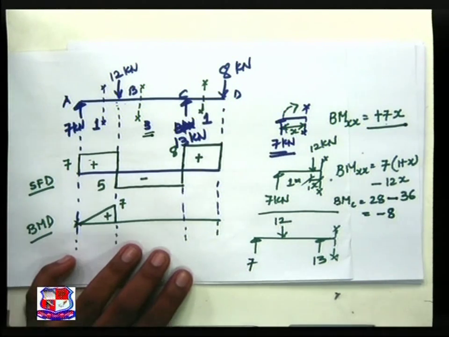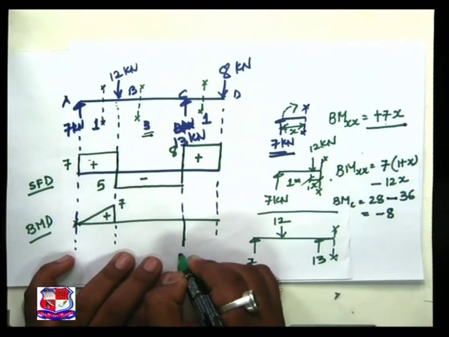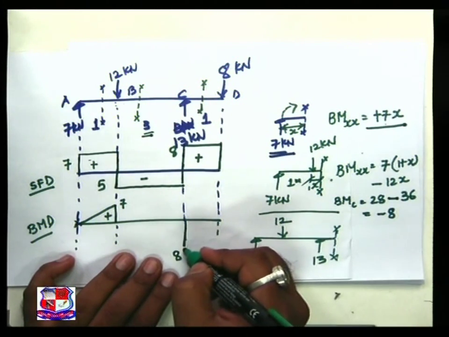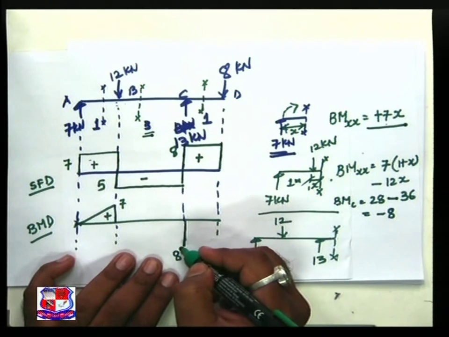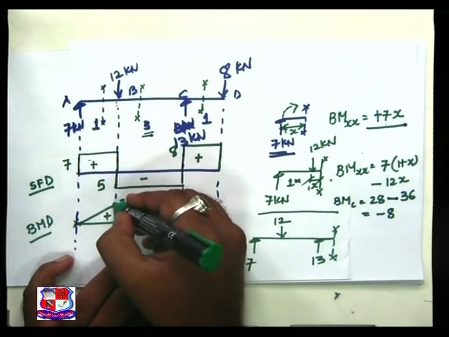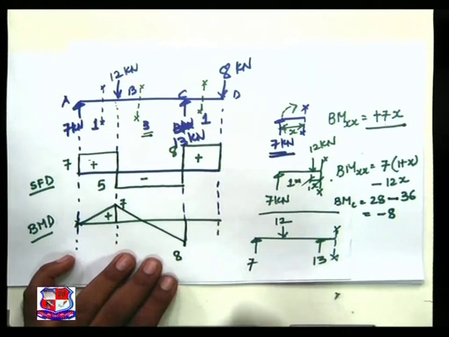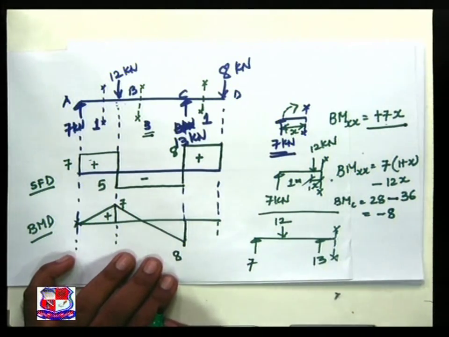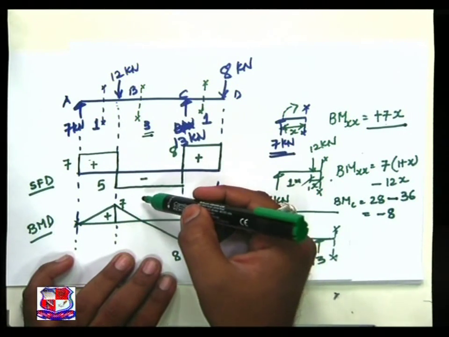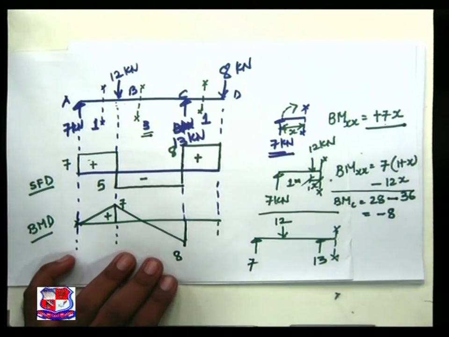So we got over here the ordinate of 8. Minus means below the baseline. Joining this point and this point by an inclined straight line, because there is no load, the variation is given by an inclined straight line, and this equation also suggests an inclined straight line.